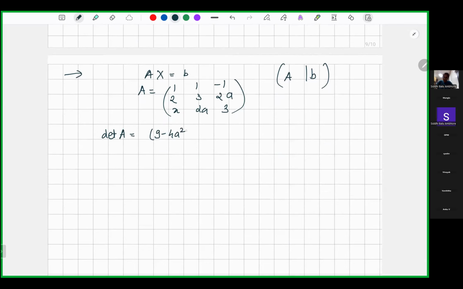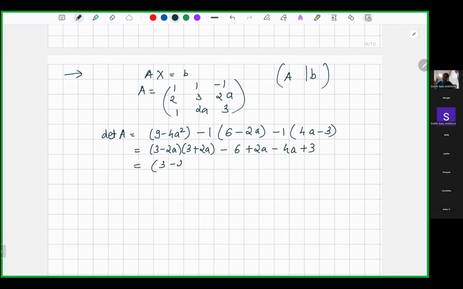Okay, so determinant of A is 9 minus 4a square minus 1, 6 minus, sorry, it is 1 here. 6 minus 2a minus 1 into 4a minus 3. So this is 3 minus 2a, 3 plus 2a. And here I have 6 plus 2a minus 4a plus 3. And this is 3 minus 2a.